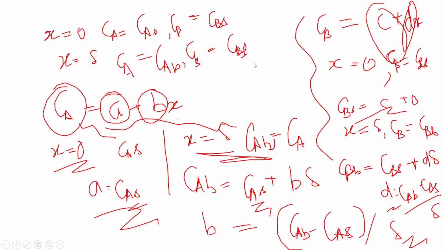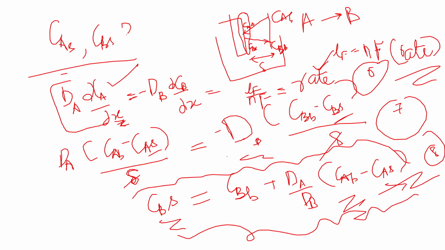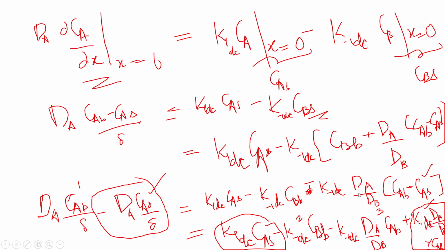From the conditions at x equal to 0, that is at the electrode-electrolyte interface, and at the bulk, that is at the boundary layer thickness delta, you found CAS and CBS. Again you use the Fick's law condition, and from that you derive both.